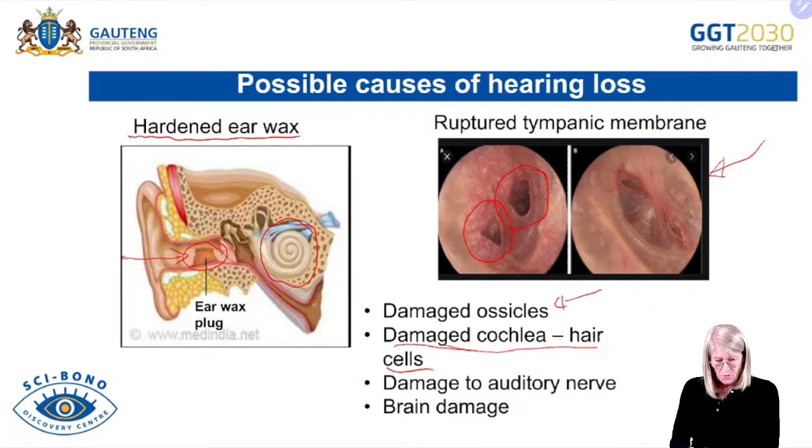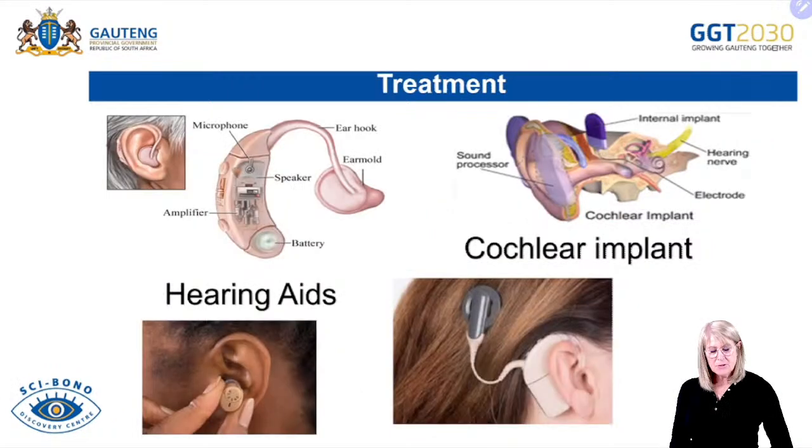Another cause could be damage to the auditory nerve, where some kind of damage has happened. Or otherwise, damage to the part of the brain that interprets the impulses that come from the ear, and that may also cause hearing loss.